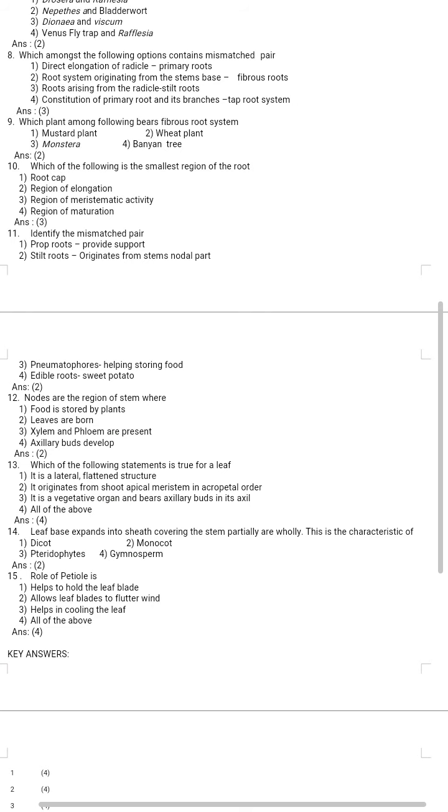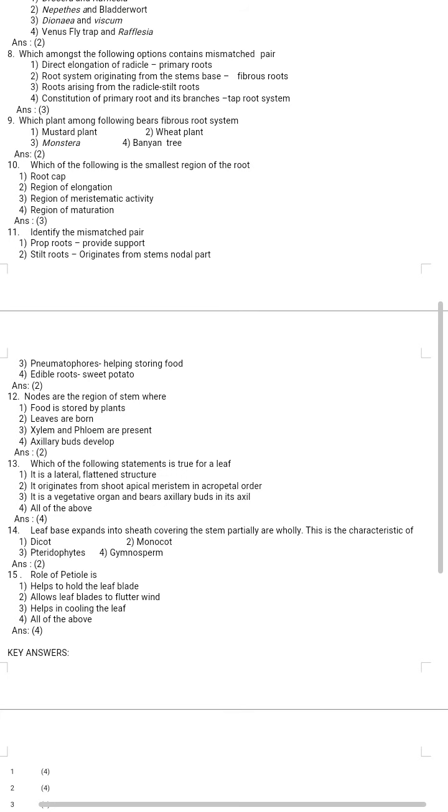Hope you understood. So the stem has nodes and internodes. Make sure this point is clear. Roots do not comprise nodes and internodes. The stem has nodes and internodes. So from the nodes region, leaves are born.